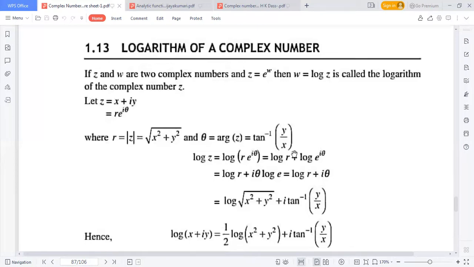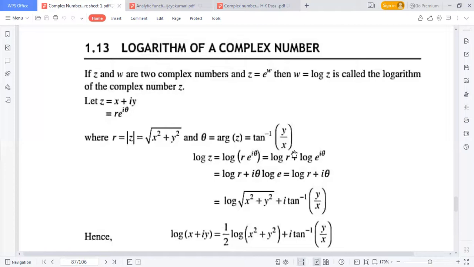So using this formula, log of x plus iy equals what? Log r into e to the power I theta, so log r plus I theta. Here log r means what?